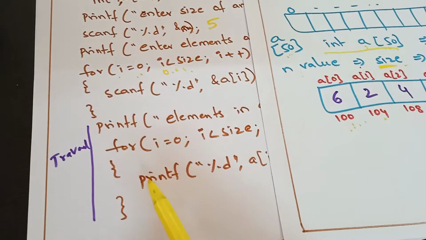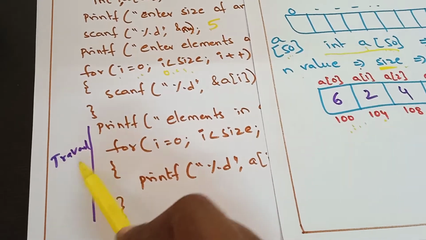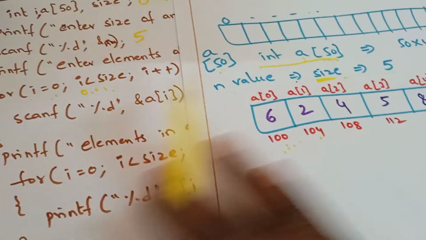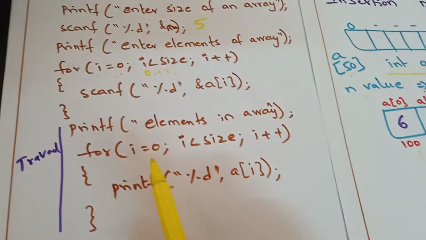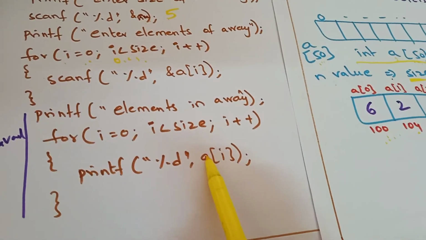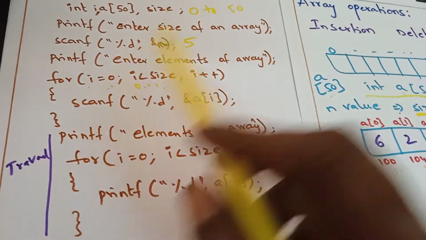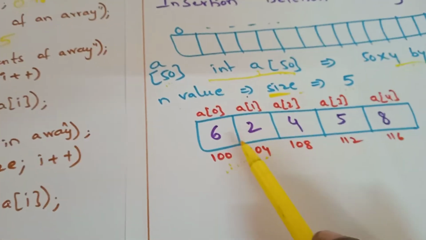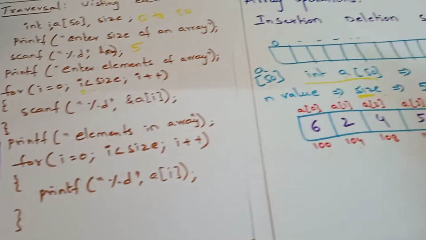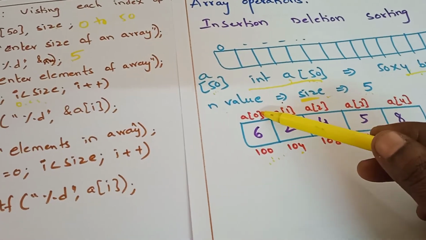Now what is there here? This is accessing traversal, accessing the array elements. How can we access them? Again we have to visit each index to display. Here scanf means we'll put some element inside. What do you mean by traversal? We will access by visiting each location.